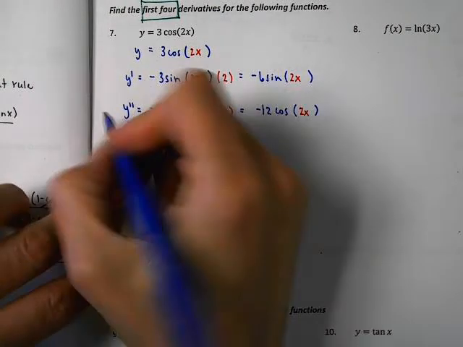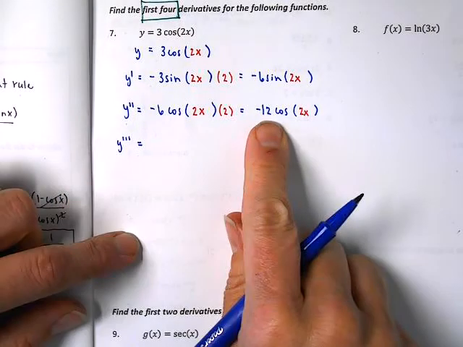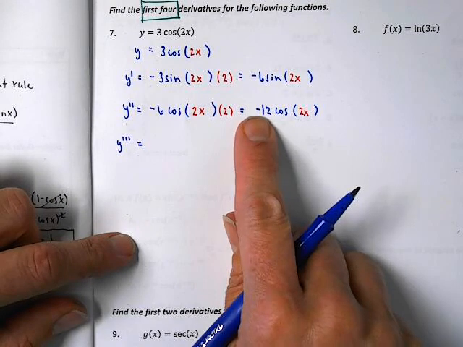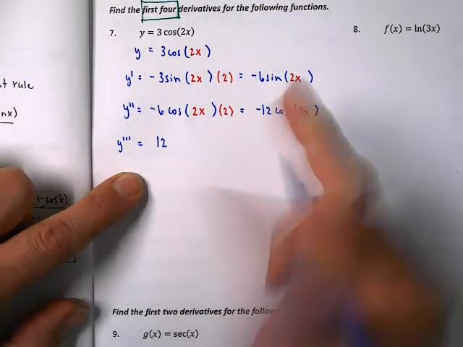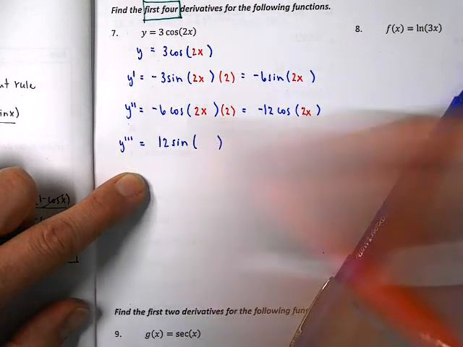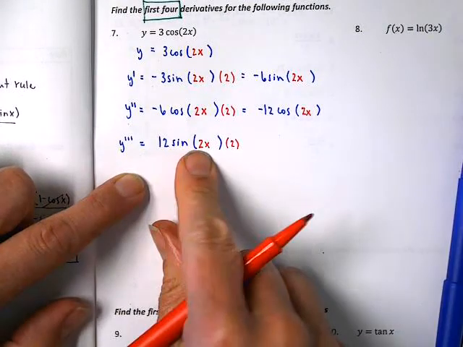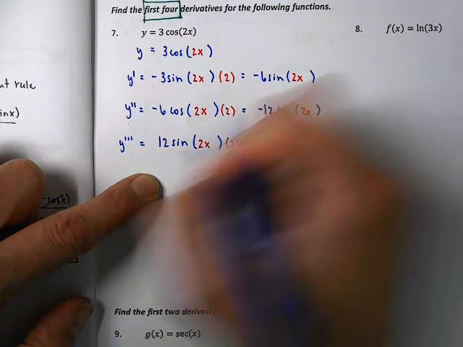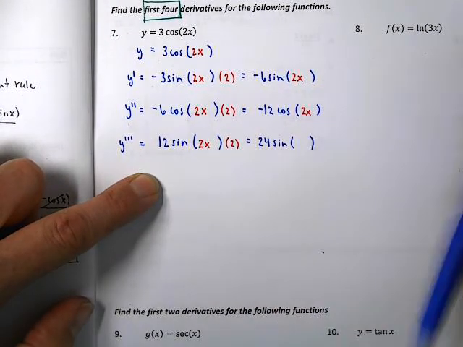All right, now third derivative, y triple prime equals. Now here my derivative of cosine is negative sine. Since I have a negative here, that negative times a negative is going to give me a positive 12 times the sine. Again, I still have that inner function of 2x, and I'm going to multiply by 2 because that's the derivative of my inside function. So I get, let's see, 24 times the sine of 2x.